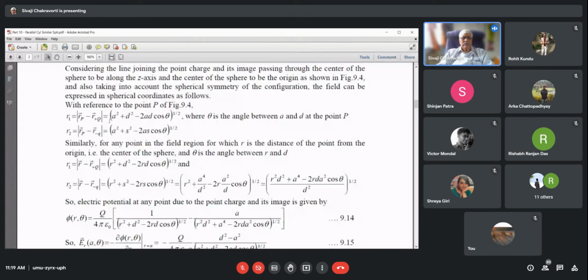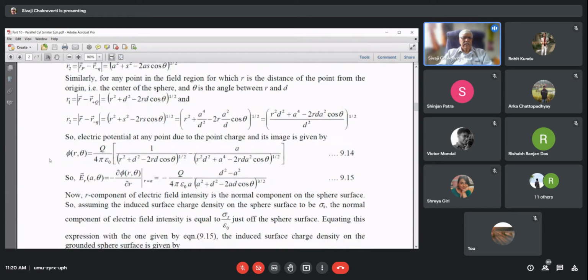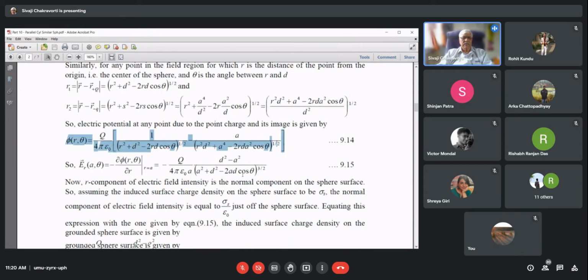And then these are coordinate geometry, which I think you can do 100% better than me. So you can find out what is R1 in terms of A and D, what is R2, then you can put it in the expression and you do the algebra and you get what is phi (r, theta). That is the potential.